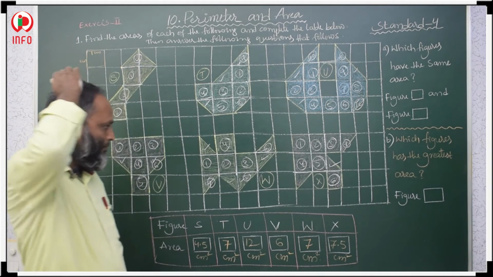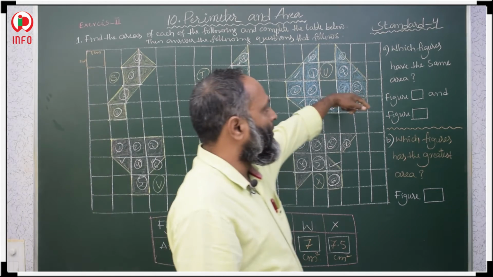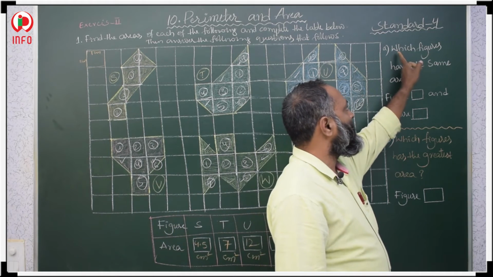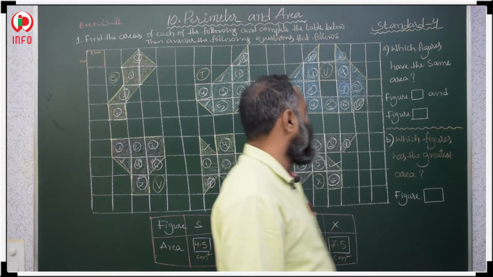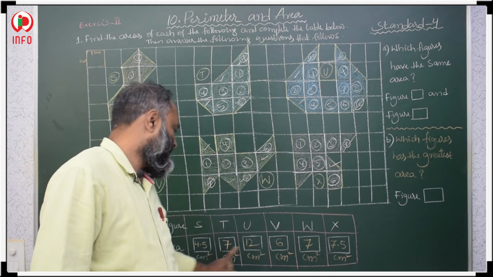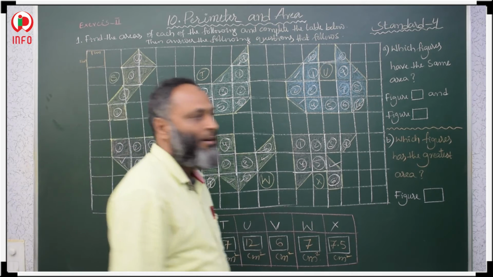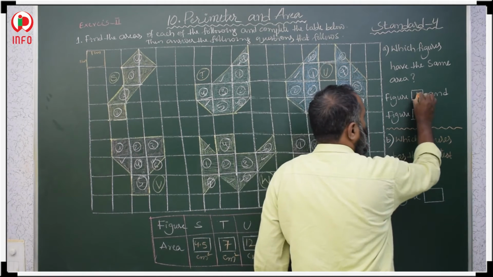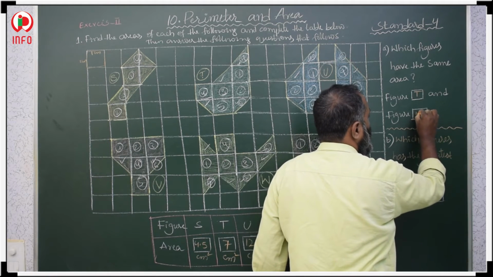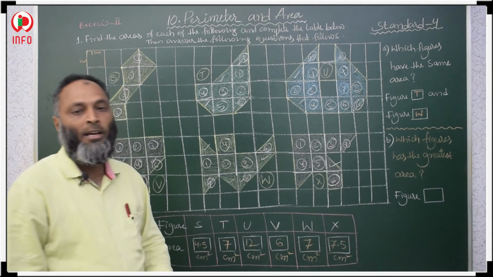Okay. Now on the basis of this he asked 2 questions. First question is, which figures have the same areas? Same area, here 7 and 7. These two have equal areas, that is T and W. Figure T and figure W have equal areas.